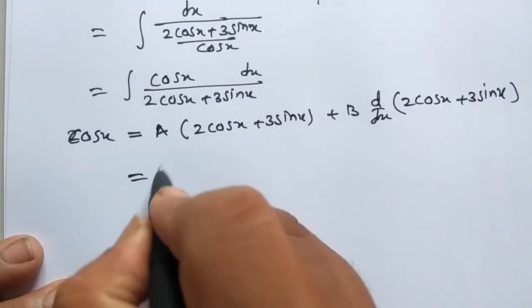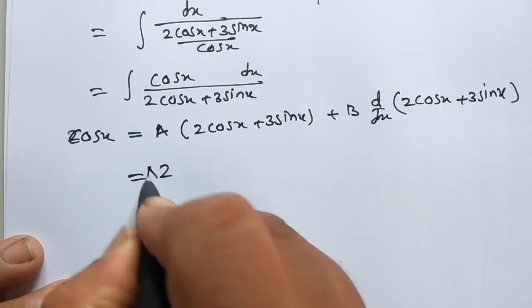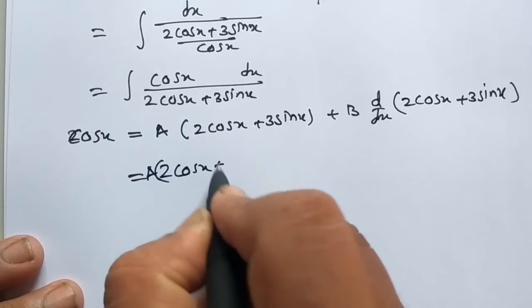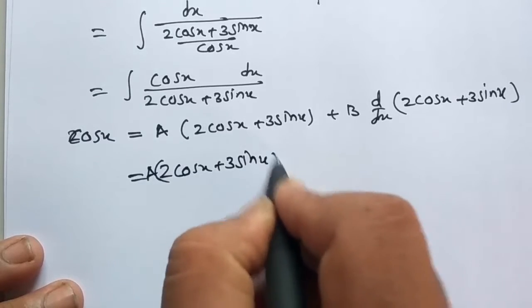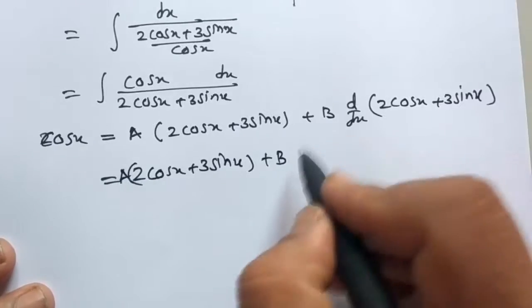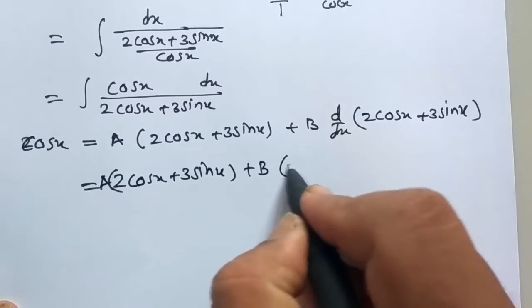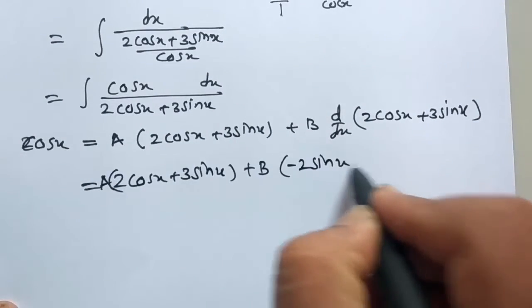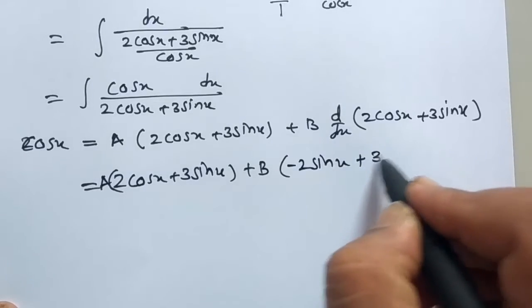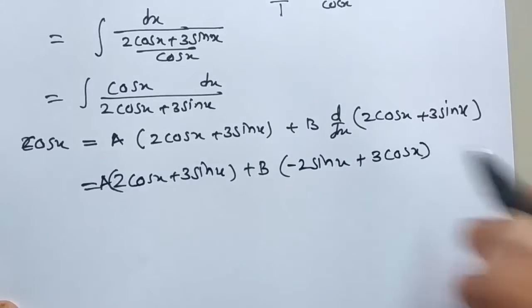Therefore a(2 cos x plus 3 sin x) plus b times the derivative: the derivative of cos x is minus sin x, so 2 times that is minus 2 sin x, and the derivative of sin x is cos x, so 3 cos x.